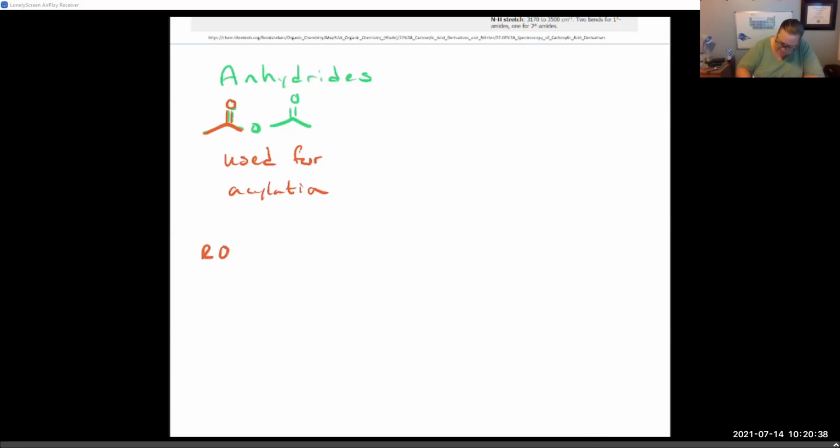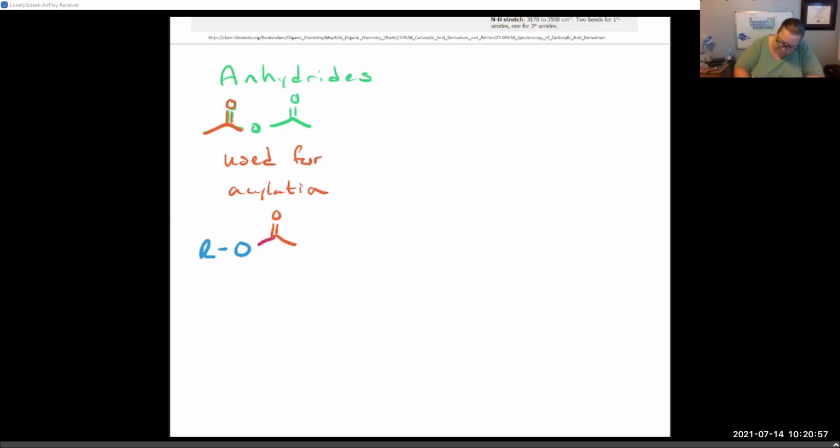If I have this guy here, I can add that orange acyl group on here. So I've acylated this oxygen atom. That's where that word comes from, acylation.